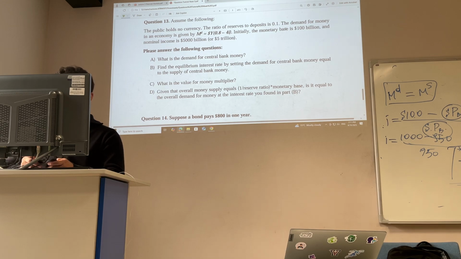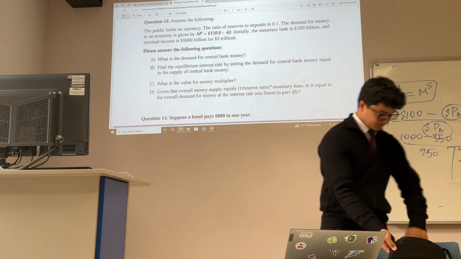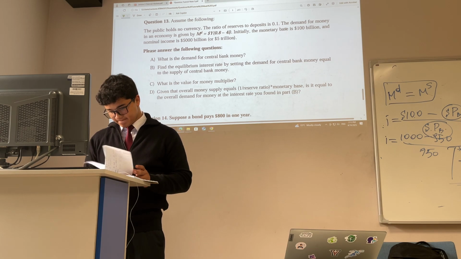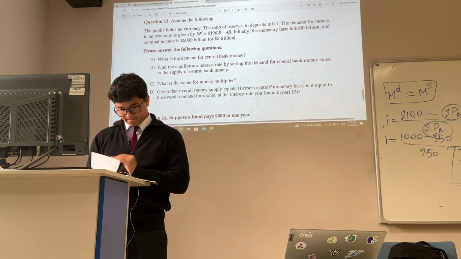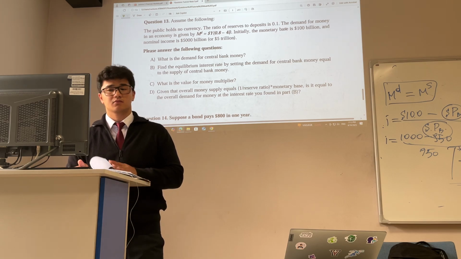So nominal income is bank supply, yeah? In just a second. This is 19.5% interest rate.